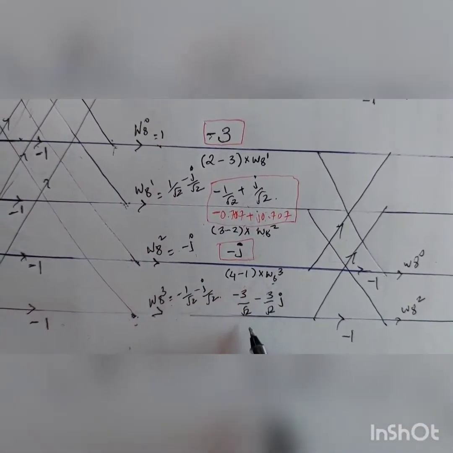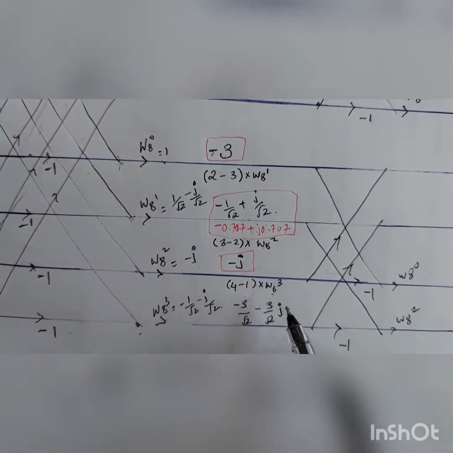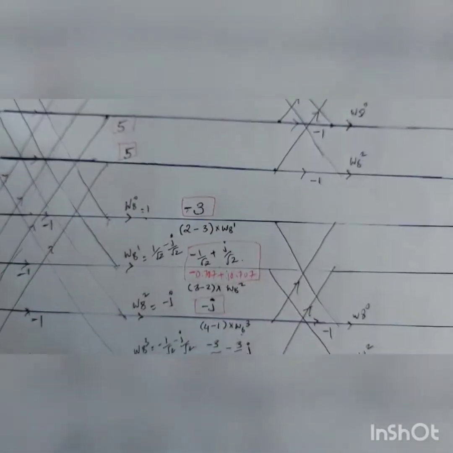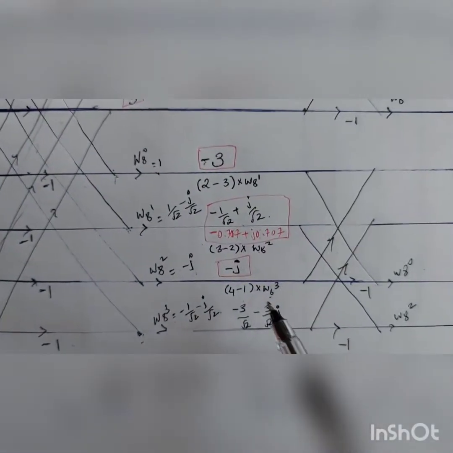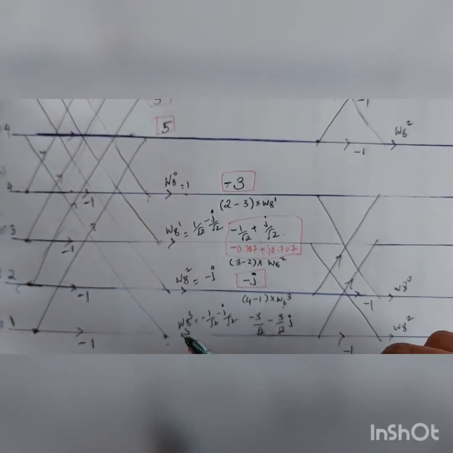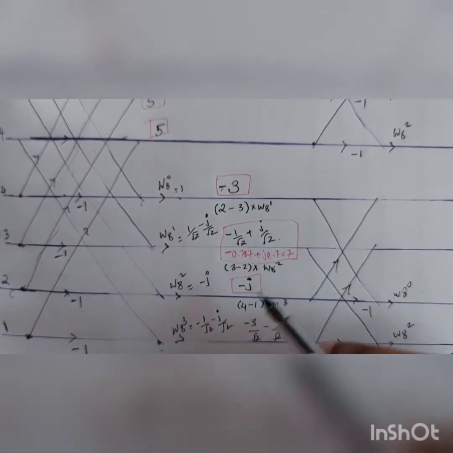You might be wondering, ma'am, you can write it directly, why are you making so much circus over here? It's not about that. Sometimes when complex operations are involved, you may miss out on these things, so it's better to write these steps.